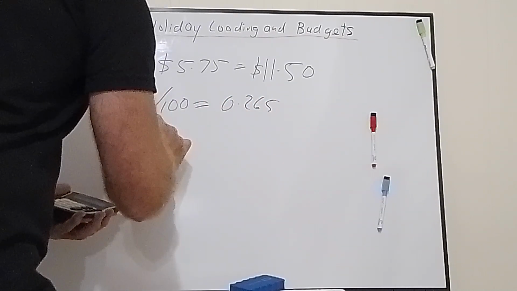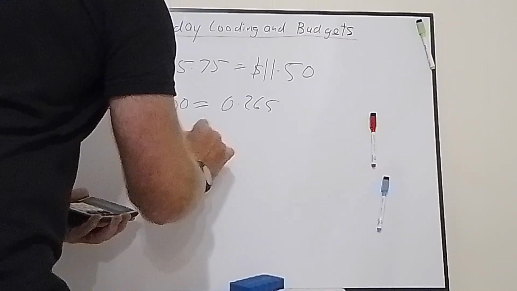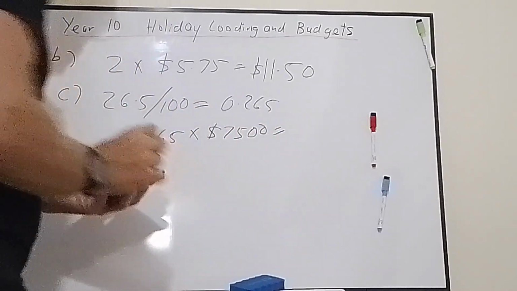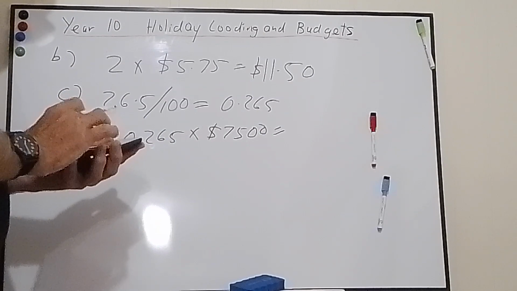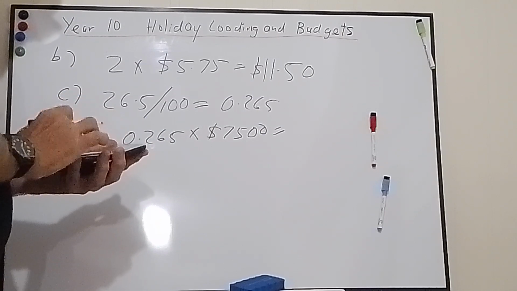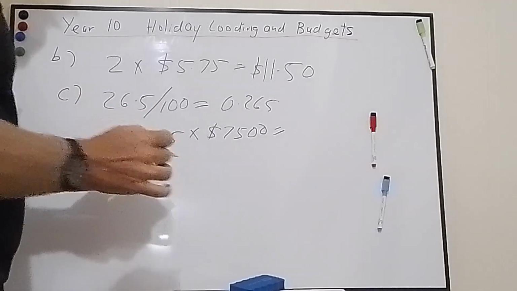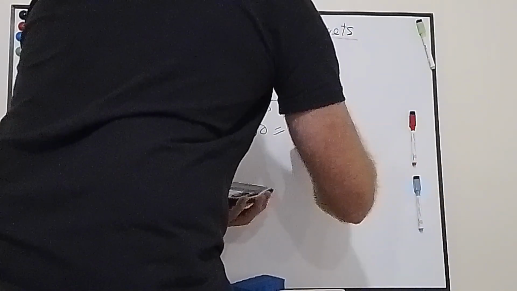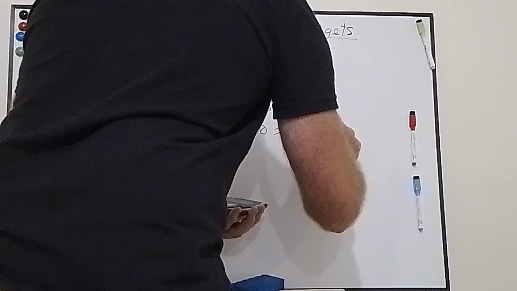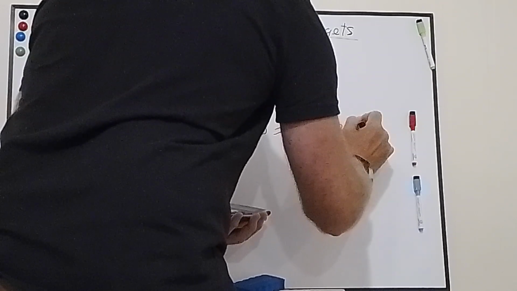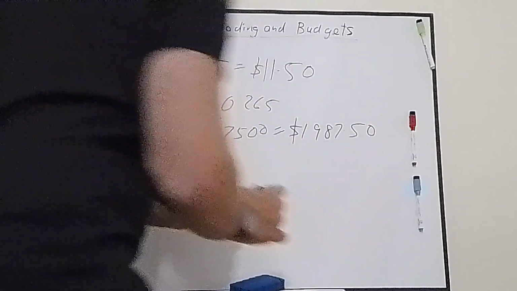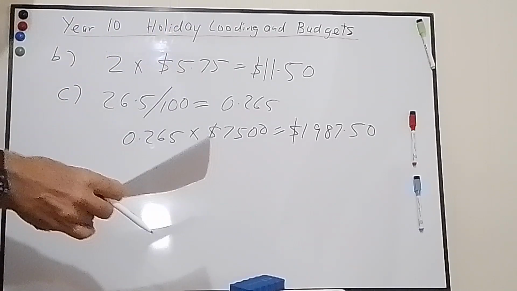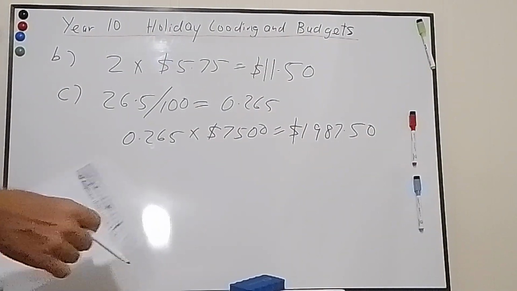So we've got 0.265 times 7,500 equals $1,987.50. And D is 15% of 1,000. So I'll leave D for you to do.